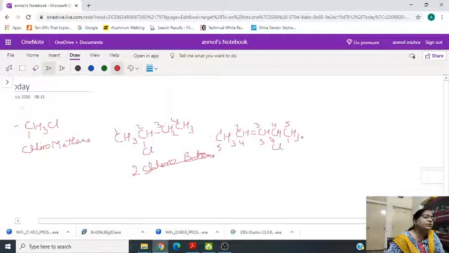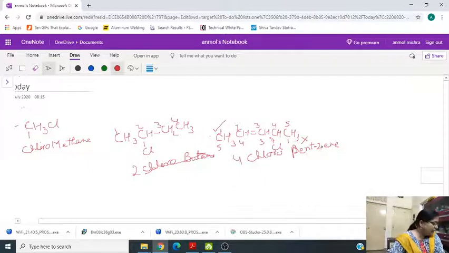So the lower end will be wrong and the top one will be right. So we can write 4-chloro, pent-2-ene.